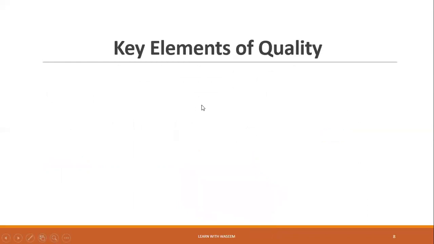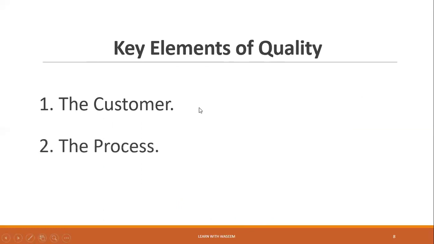So let's talk about the three key elements of quality. The first one is the customer. Yes, customer is obviously very important. The second one is the process, and the third one is the employee. So customer usually provide the organization what actually they need, what are the requirements of the customer, and the organization goes through a particular process to transfer the customer needs to a finished product or service.